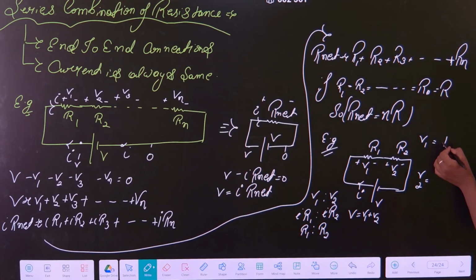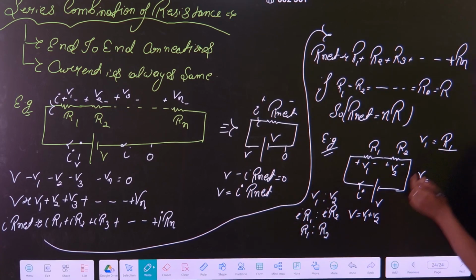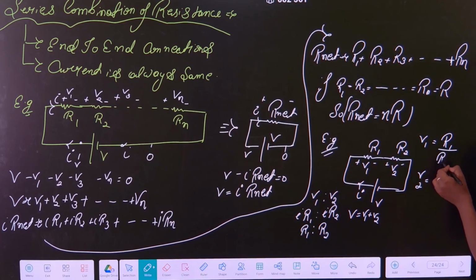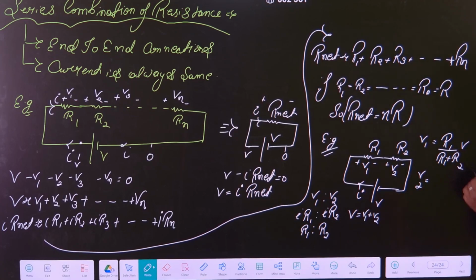So V1 is R1 divided by the sum of these two resistances, R1 plus R2, times the total voltage V. That is my direct relation for V1. Similarly V2 is R2 upon R1 plus R2 into V.